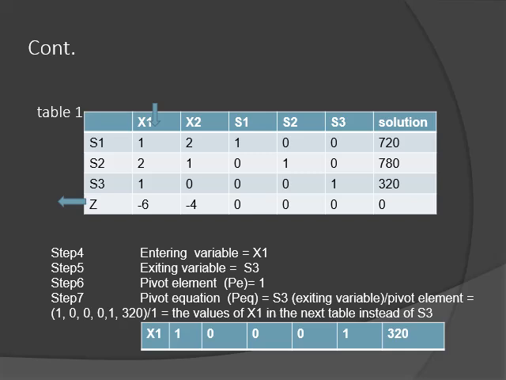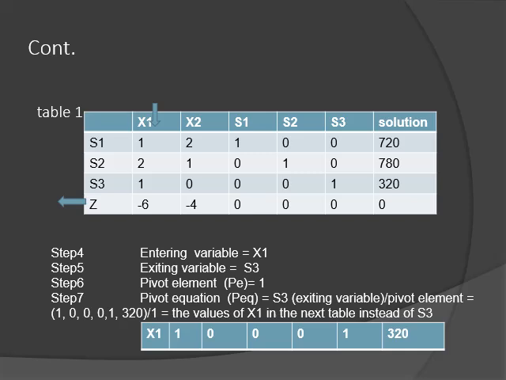Actually, 780 over 2 is 390. So the result of this division is 720, 390, and the last division is 320 over 1 equals 320.